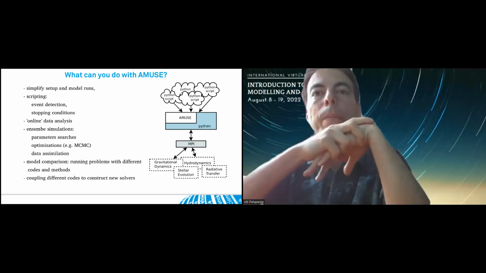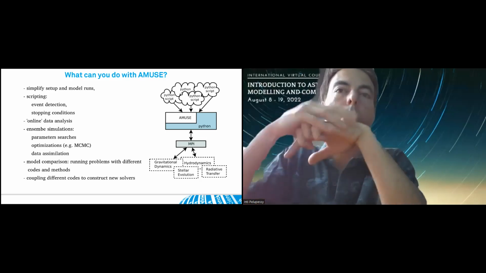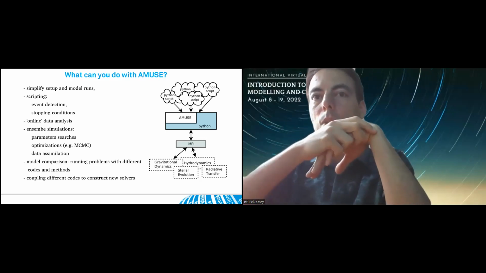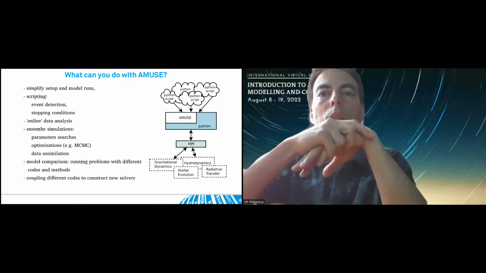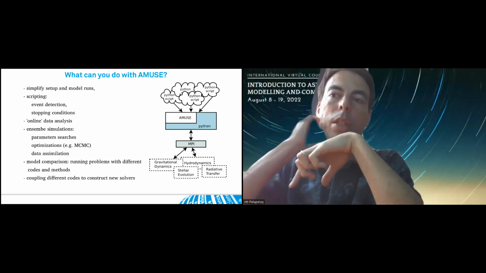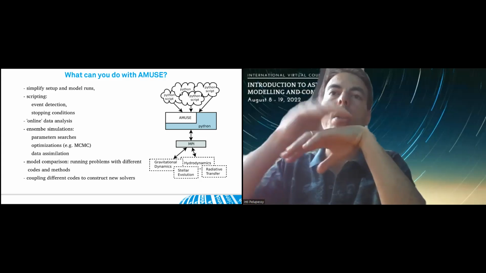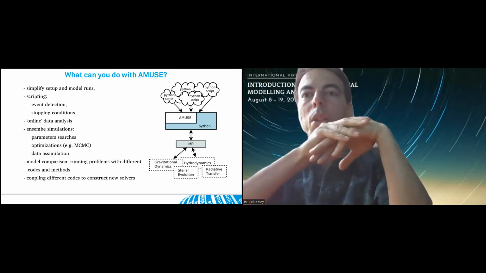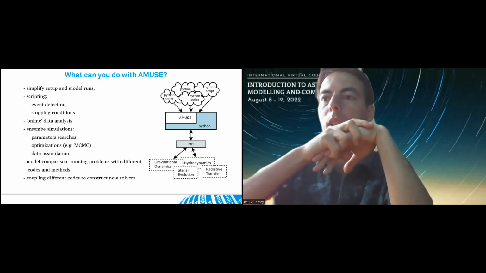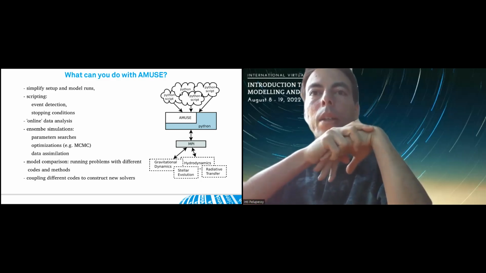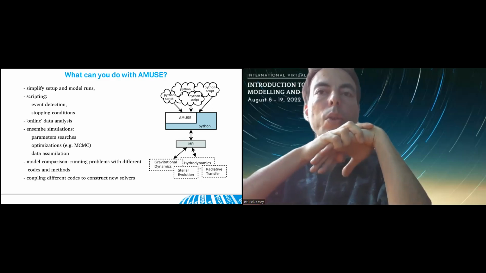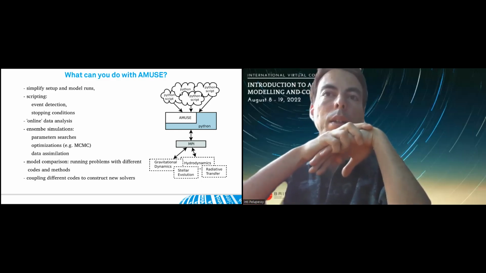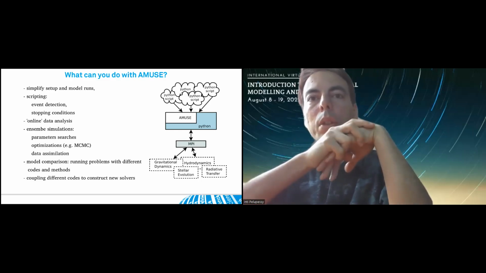Then you can also do what's called online data analysis. While you're running your simulation, you have access to the state of the code in Python, and Python has a lot of tools for data analysis, so you can do that on the fly, and even in parallel with your run.